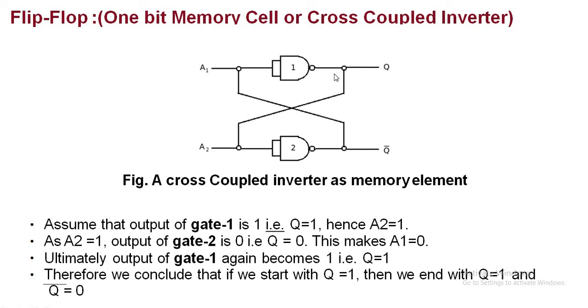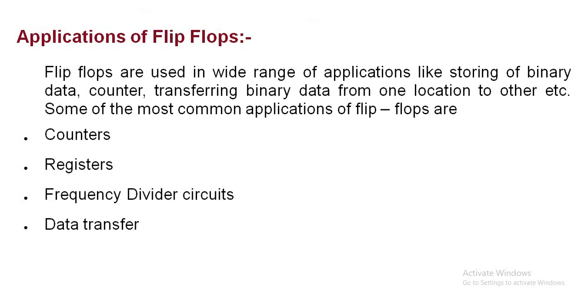As A1 is 0, NAND gate 1 output is 1. Therefore, we can conclude that if we start with Q equal to 1, then we end with Q equal to 1 and Q bar equal to 0. That means Q and Q bar outputs are complement to each other.